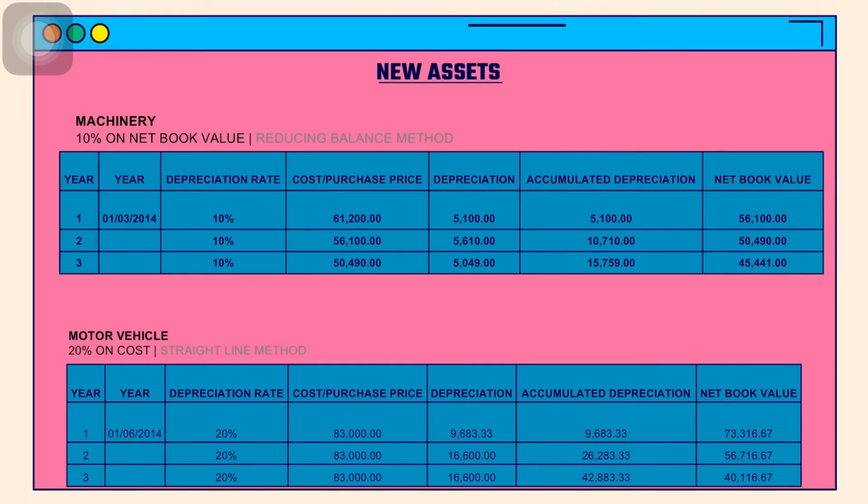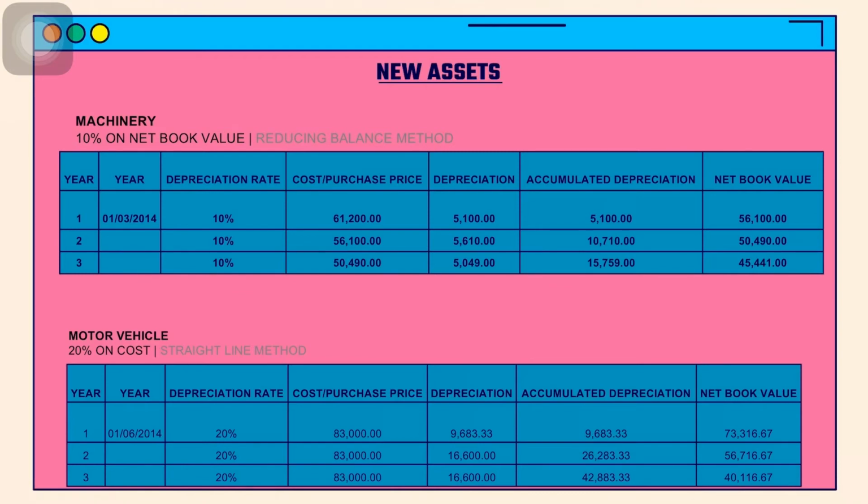For the straight line method, we just use the same cost, which is 83,000. First, to get the depreciation, we calculate 20% times 83,000 times 7 months per 12 months.